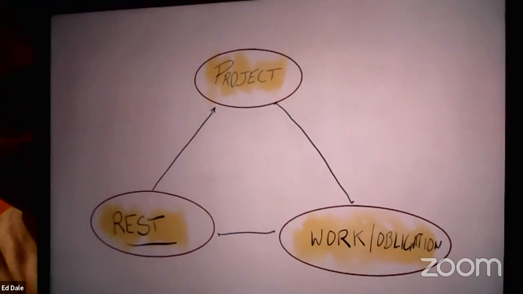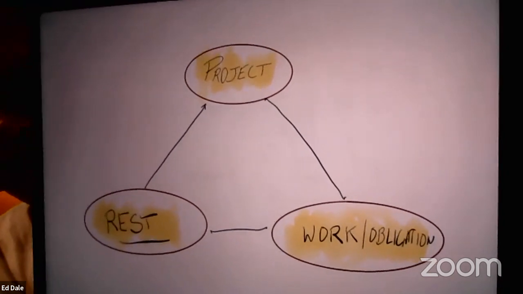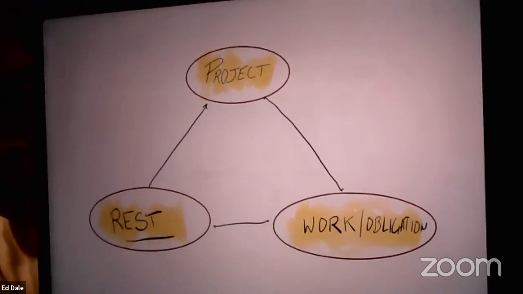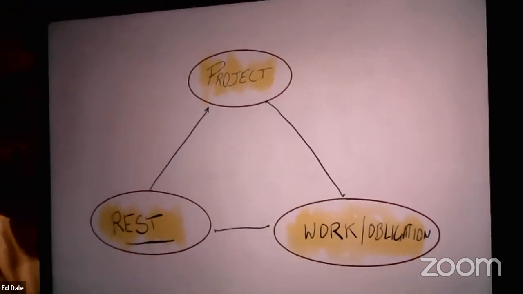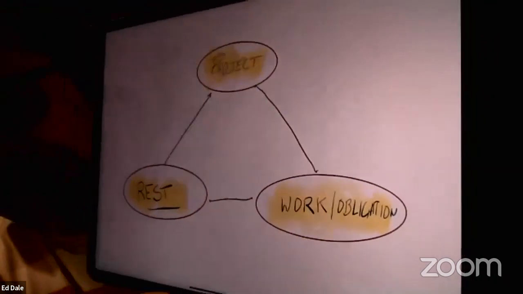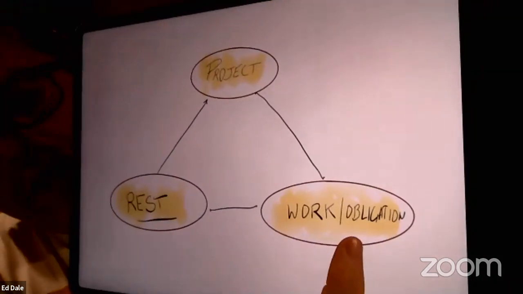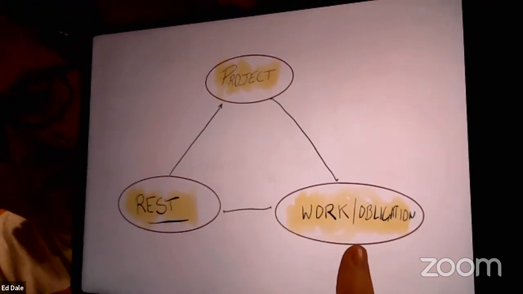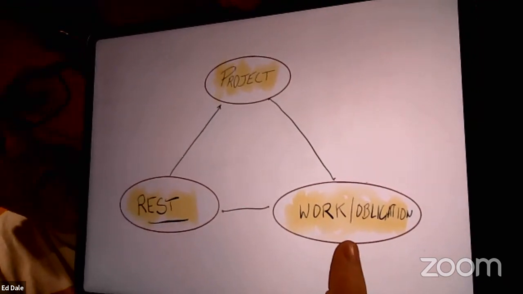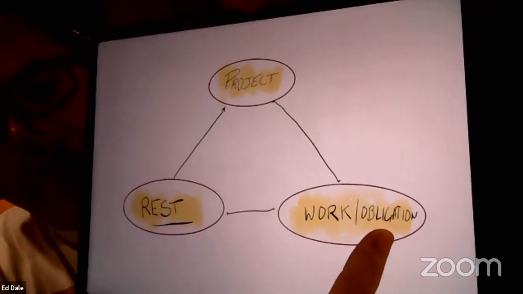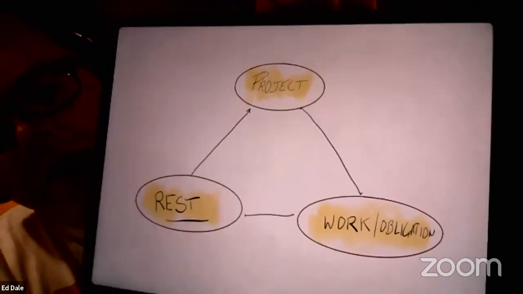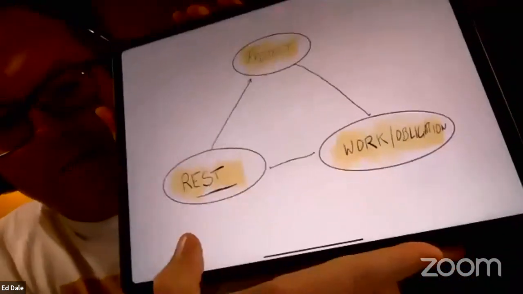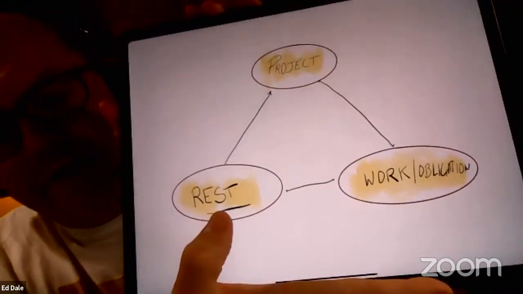very low tech. Okay, what you have got to see here is we've got three particular areas. And as I said, the area down here, the work and obligation area, is, like I said, your 9 to 5 and all of those sorts of things. Then hopefully, and sleep qualifies for this, you've got a rest area.